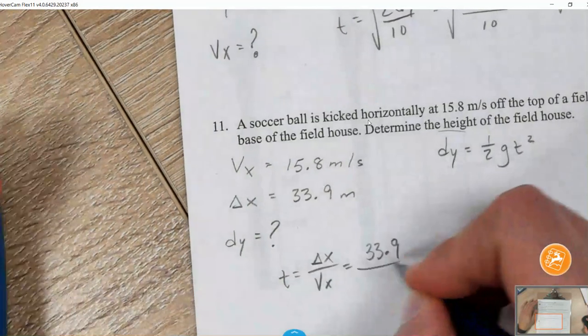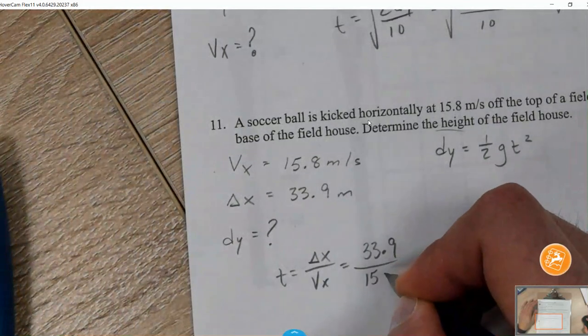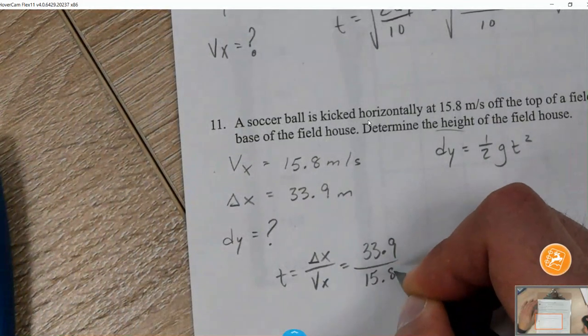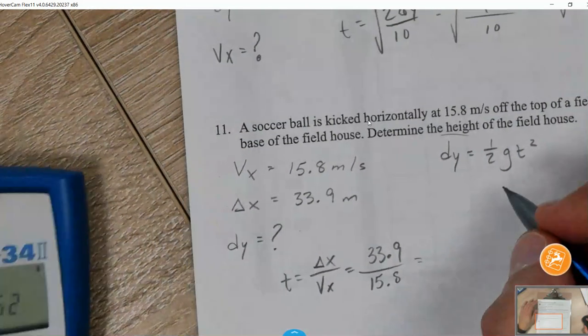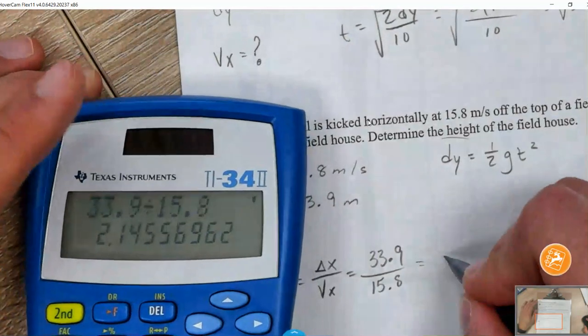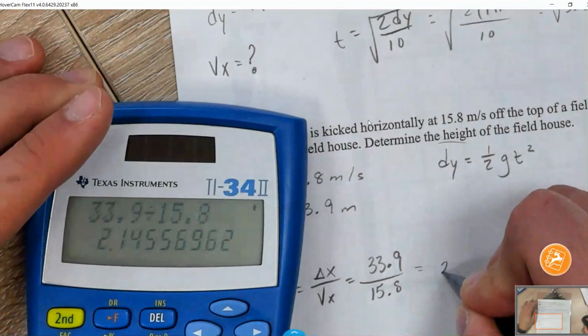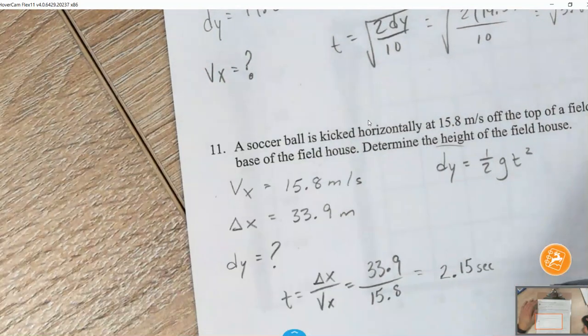So we're going to do 33.9 divided by 15, and this gives us 2.1455, so we'll call it 2.15 seconds.